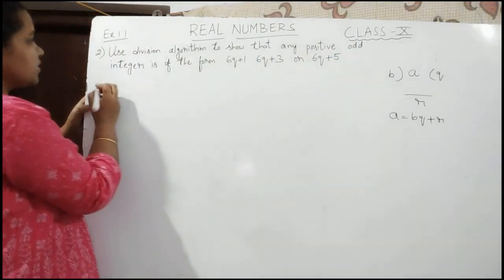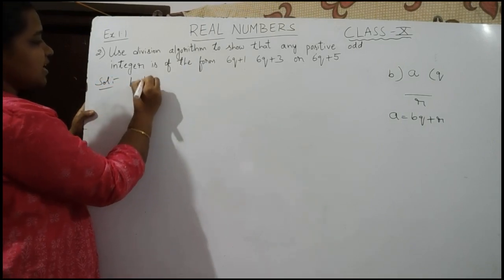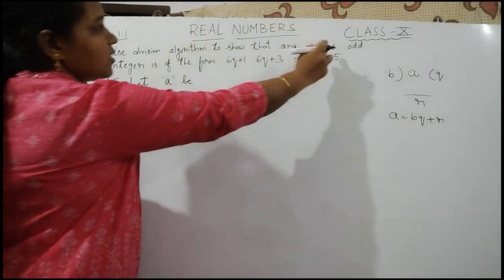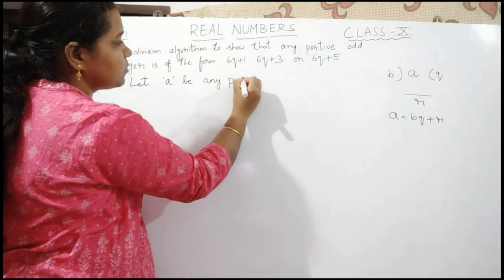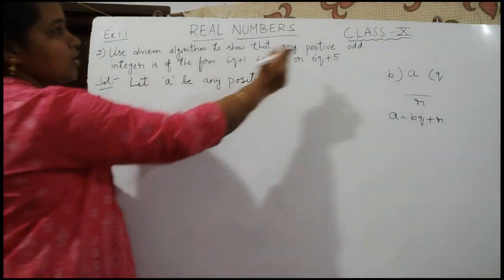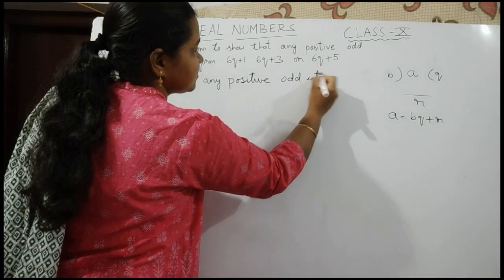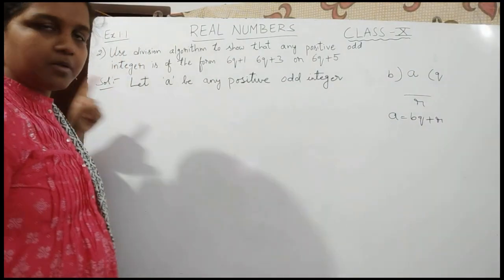So always take a only. Let a be any positive odd integer. This is the first step you always have to write for such problems.